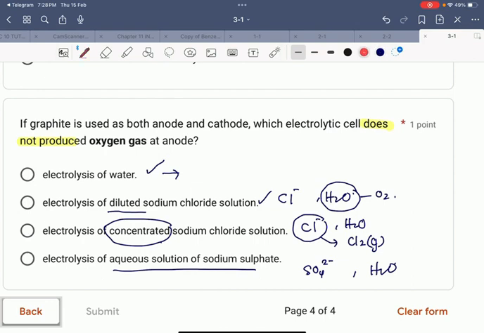So sulfate ion is rejected because sulfur has maximum oxidation number, which is 6. So we will choose H2O. When H2O oxidizes, it will produce oxygen gas. So the best answer, which electrolytic cell does not produce oxygen gas at anode, is option 3. That's all.